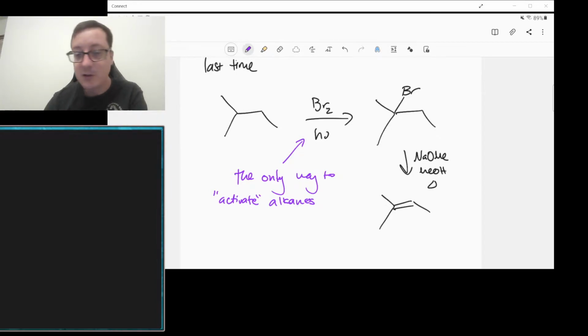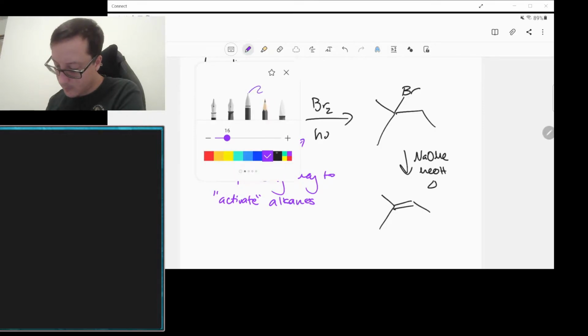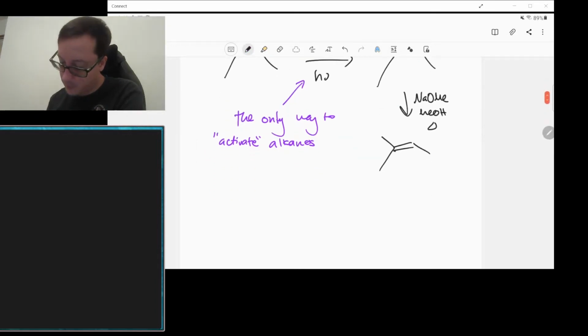We can do substitution, we can do elimination, and then from there we can start doing actual reactions. Typically this is used as a way to make something unreactive start being reactive. So it's really one of our only ways to do it.